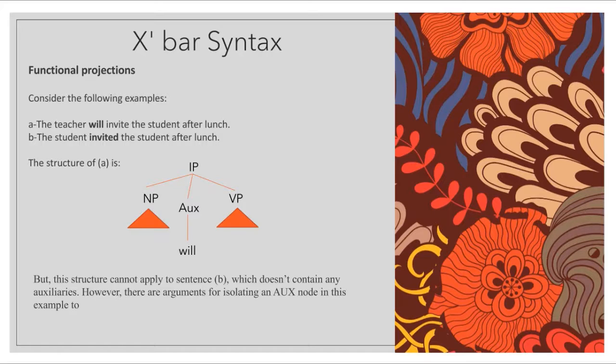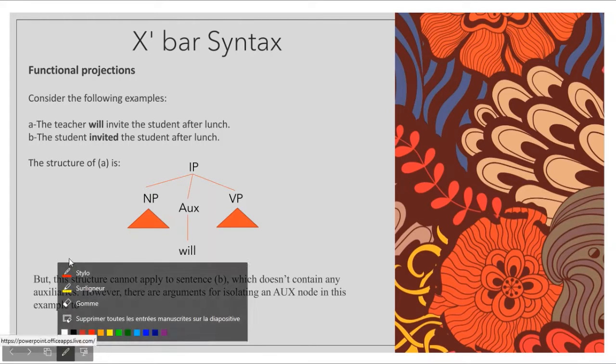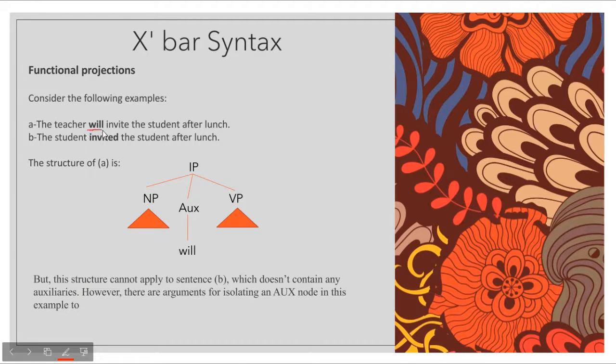No problem. Anyway, the structure of A is, as we can see, that here we have the auxiliary, and we've seen in the previous lessons, precisely the lesson on constituent tests, that the modal here is separated from the verb or from the whole VP, and it does not form a constituent.